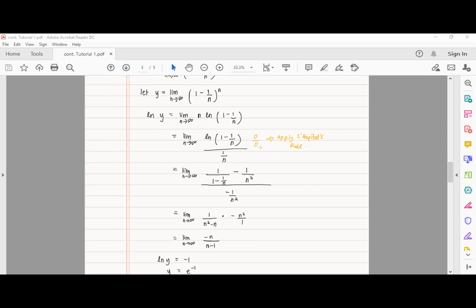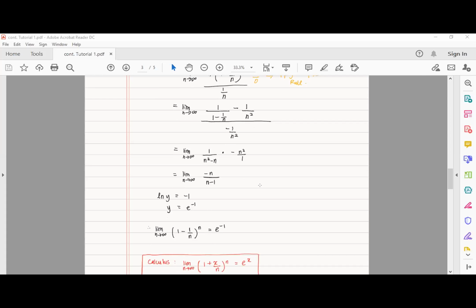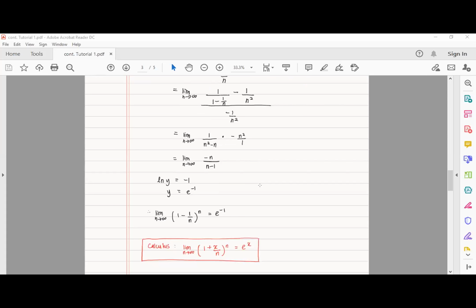So we should apply L'Hopital's rule, differentiate the upper side and also the bottom side, and then I get this one. Next I simplify the equation and it comes to this: negative n over n minus 1, and the limit as n approaches infinity gives -1.